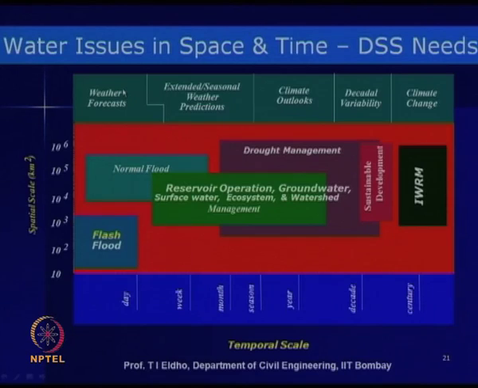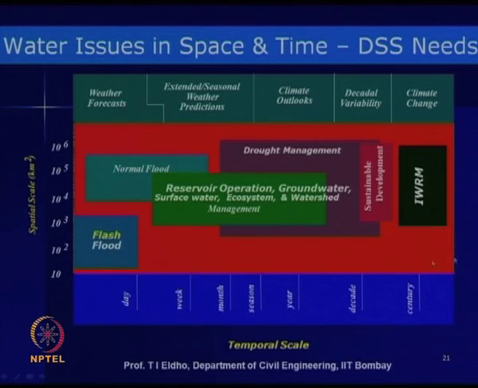Especially when we deal with water related issues, then how is the rainfall variation, temperature variation, drought pattern. So, the weather forecasts are very important. So, the spatial scale can be either a few square kilometers or a large area like thousands of square kilometers or even million square kilometers like that.